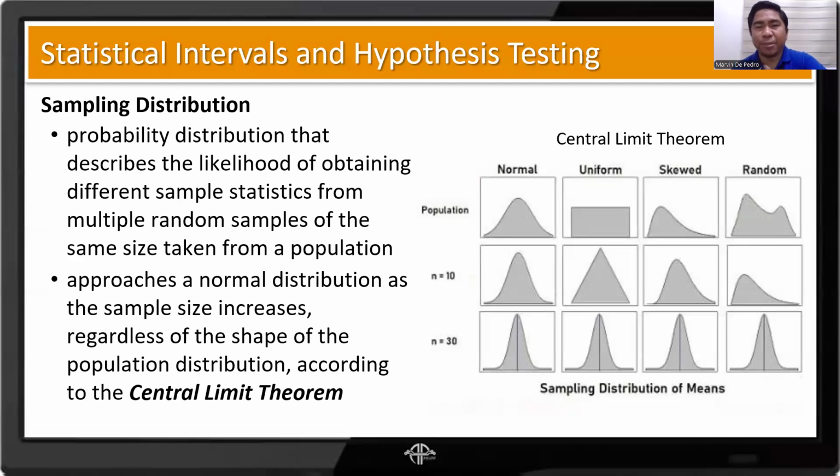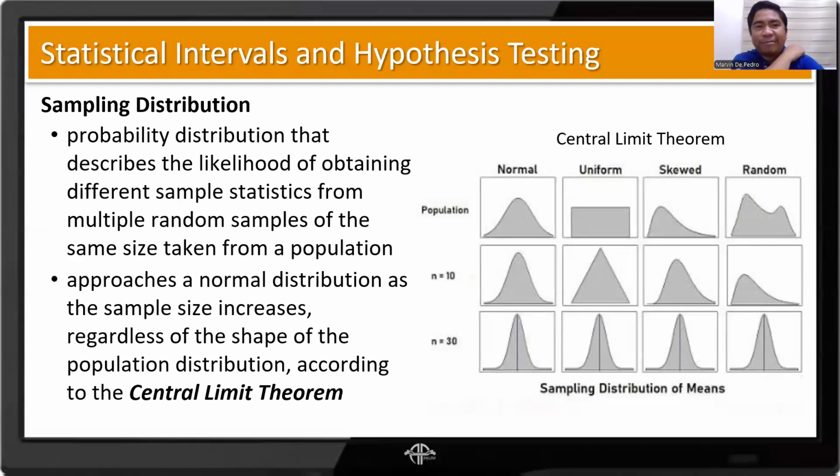It will be closer to being normal. How much more if you increase the size further? For example, if we have a sample size of 30 for this scenario, then as you can see, all our sampling distributions are now becoming more normal.